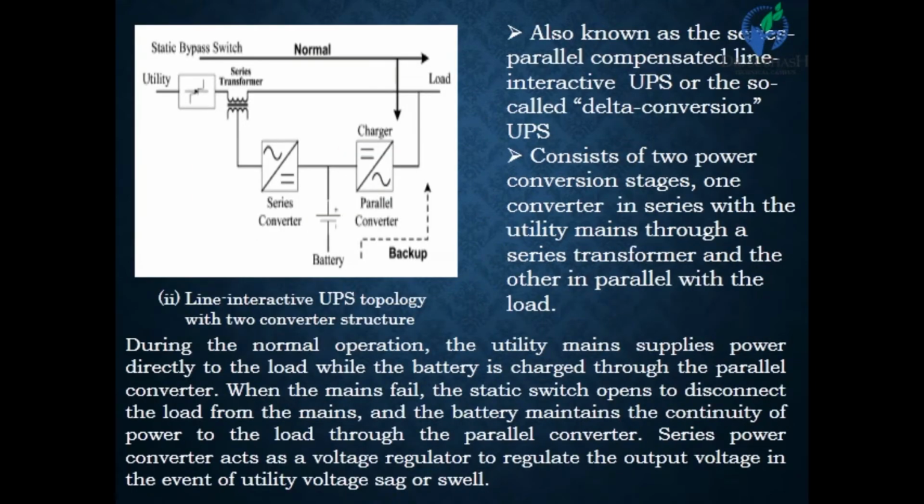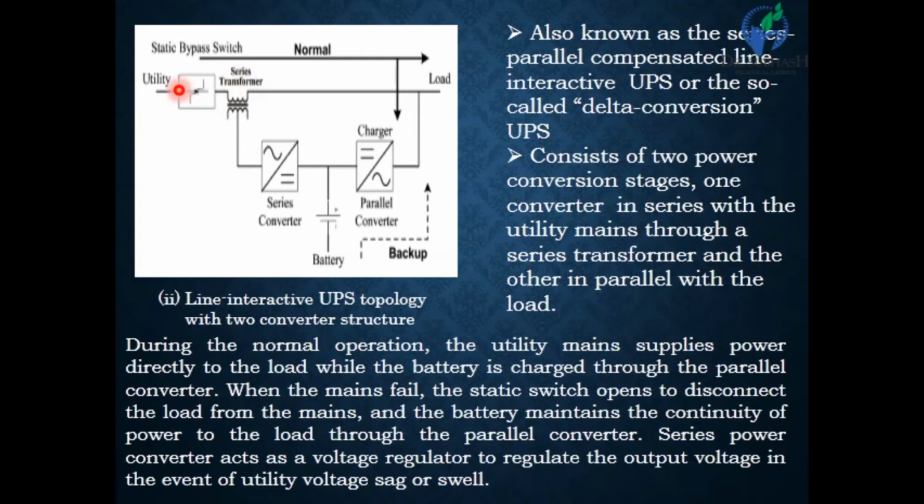Here is the second one: line interactive UPS topology with two converter structure. In the two converter structure, the rectifier and inverter are separate. In the line interactive UPS system, the main power supply received from the distribution system is directly connected to the load via the static bypass switch and series transformer.